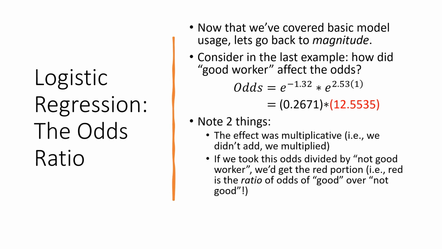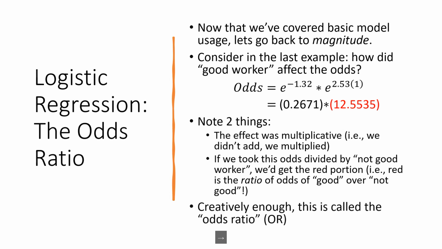Why is this a thing? This is a thing because in general, this is the effect of our parameter estimate. When we take those betas and we put them as a power of e, what we are calculating is actually the ratio of being 1 versus being 0, or being 1 more versus being 1 less in the case of a continuous variable, which we call ultimately the odds ratio.